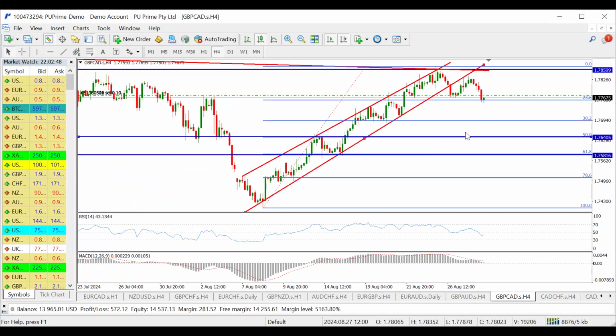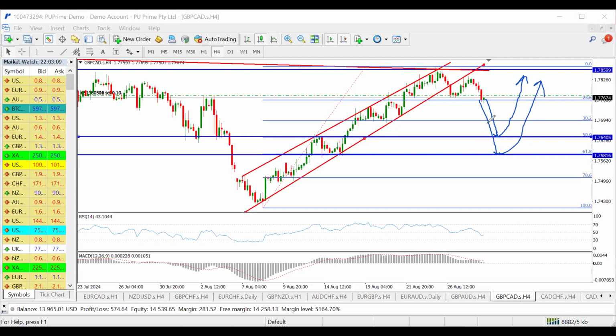For example, if you have a sell trade on GBP, most likely price will drop to Fibonacci 50 or 61.8. When it gets to 50, there's a possibility price might either retrace or reverse. The same thing applies to 61.8. That's why those two levels are used as take profit levels.